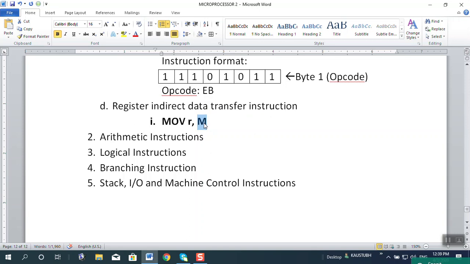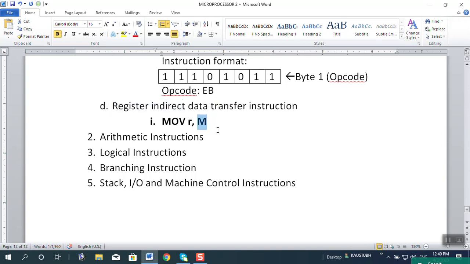So M is nothing but any memory location, particularly a RAM location, whose address is currently in the HL register pair. Therefore the source is indirectly representing a memory location. That is why it is register indirect.